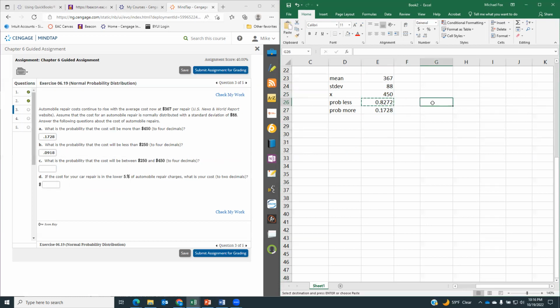I'm going to copy that and put it over here for a minute. Then I'll change it to 250 and find the probability that it's less. I can just take the probability that it's less than 450 minus the probability that it's less than 250. And that'll give me the probability that it's between, or 0.7354.